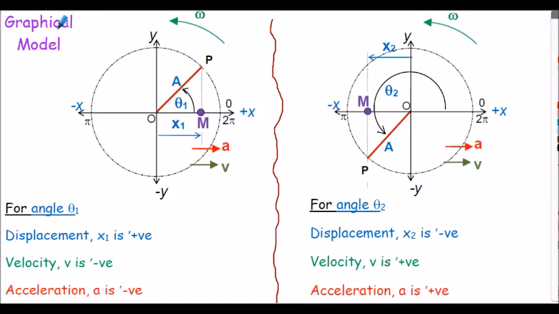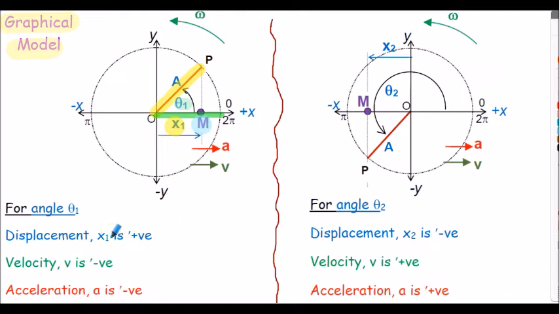Here's a slide showing the graphical model, but for two different positions of phasor OP. On the left-hand diagram, phasor OP is shown in this position, measured angle θ1 on this horizontal axis, and point M, the projection of P on the horizontal axis, has a positive displacement labelled x1.